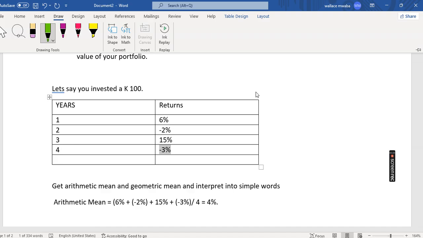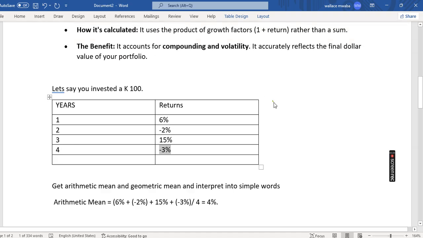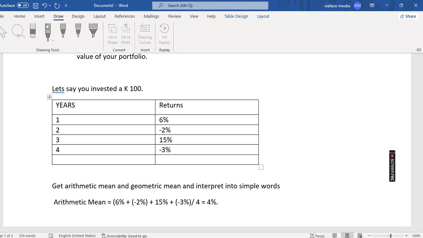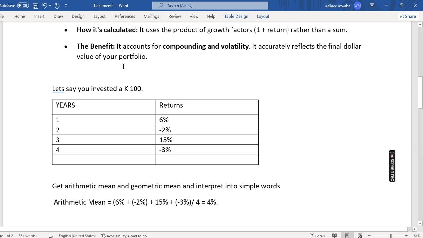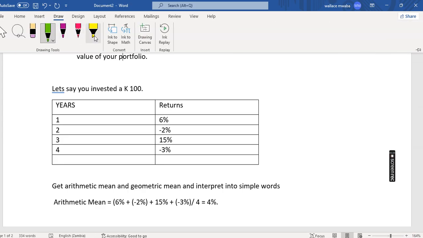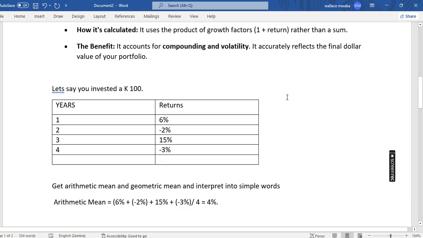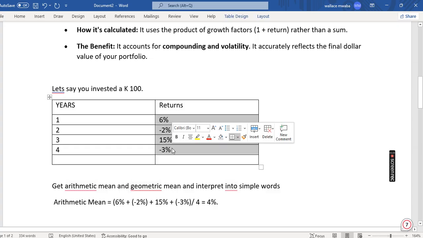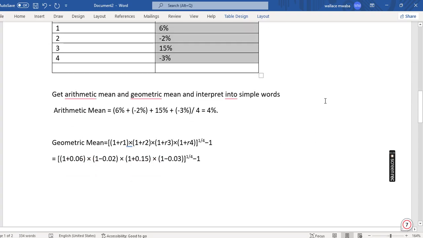As you can see, we started at 6%. We go down to... oops, let's see. I don't know why my marker isn't working, but yes, we're accounting for the volatility in our returns. It drops, it grows, and it drops. So this is how you get the geometric mean.